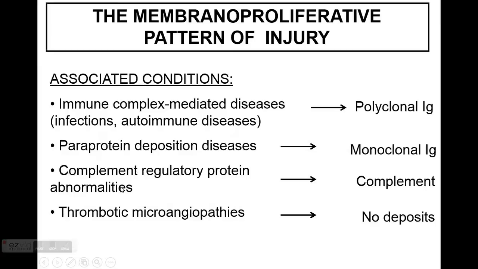Then the third category is complement regulatory protein abnormalities, where you have abnormalities in alternative complement pathway, and you will have complement deposition, thrombotic microangiopathies or endothelial cell injury that will have really no deposition. And we will talk about these categories as we go on.